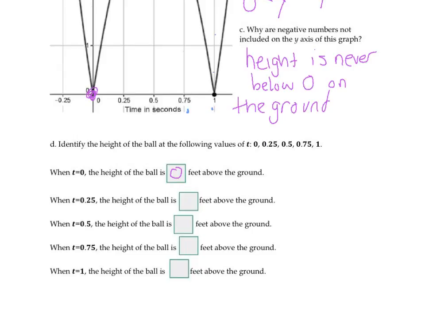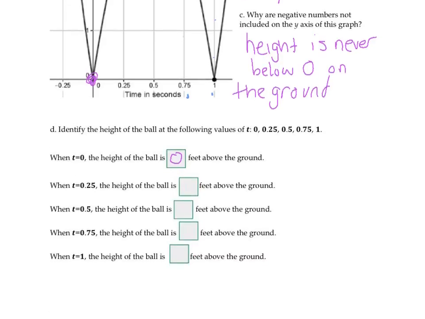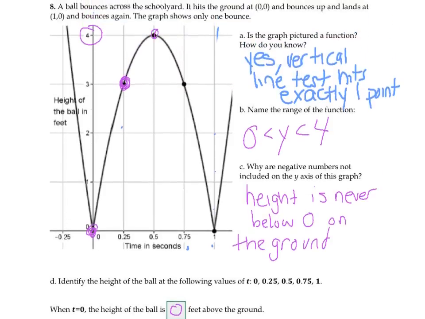When t is 0.25, we can find where our y is, which is right here on the graph, which is at y equals 3. So our answer for this will be 3 feet above the ground. When t equals 0.5, we can look where our point is, which is right here, and that's when y is 4.